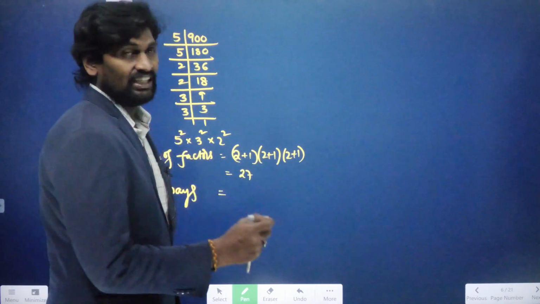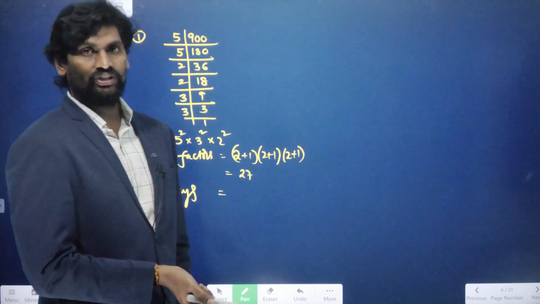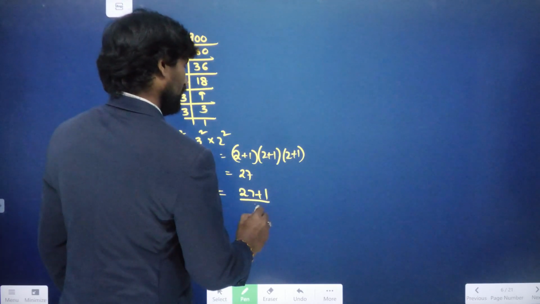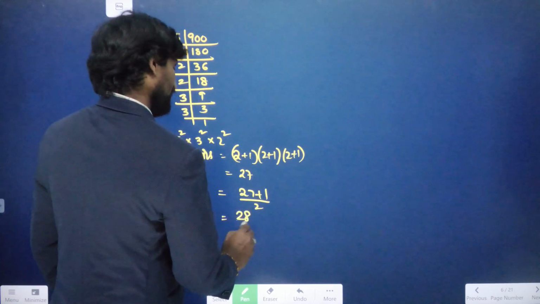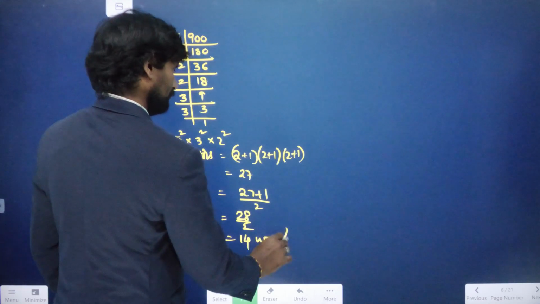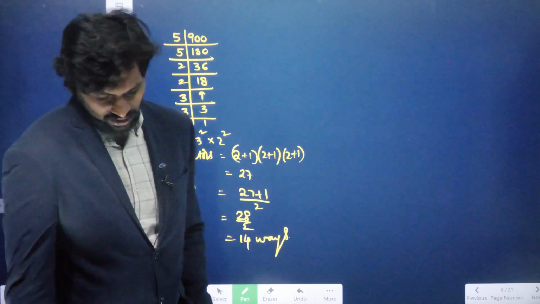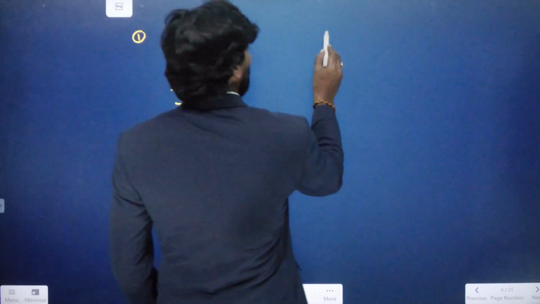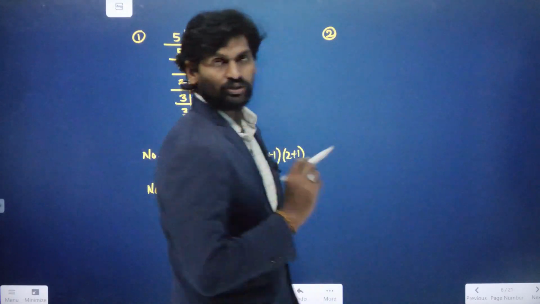Whenever you have an even number, we directly divide by 2. So the number of ways is 27 plus 1 by 2, which is 28 by 2, so 14 ways. So the answer will be 14 different ways. Let us move on to question number 2.